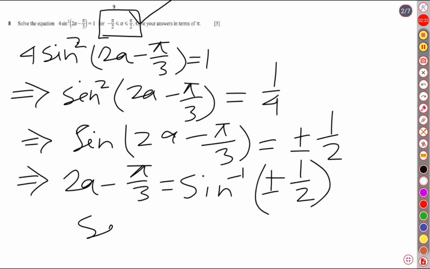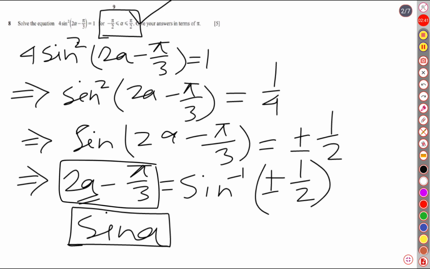Look, this is not sine theta or sine alpha. Actually, this curve has been transformed twice. First, it has been enlarged with the scale factor 2, then it has been translated by pi over 3.